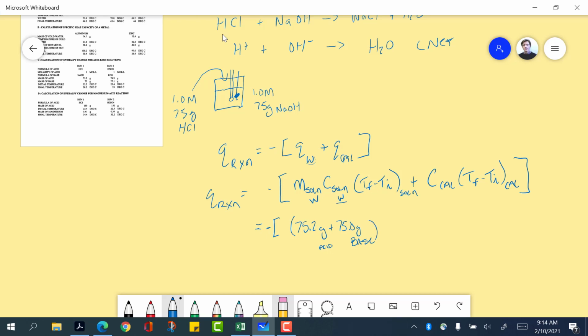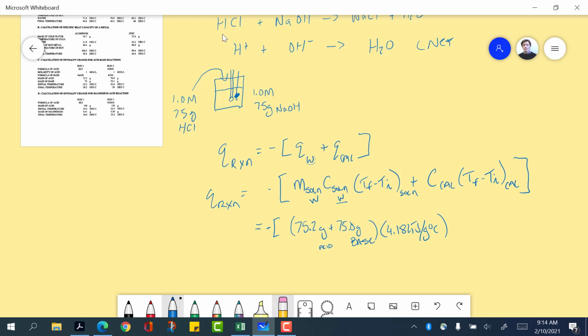And the specific heat of the solution, well, it's an aqueous solution, it's water, so that's going to be 4.184 joules per gram degree Celsius, because that really is the overall net reaction forming water, and that's the specific heat of our solution. So the solution in our calorimeter is our heat sink in this case.